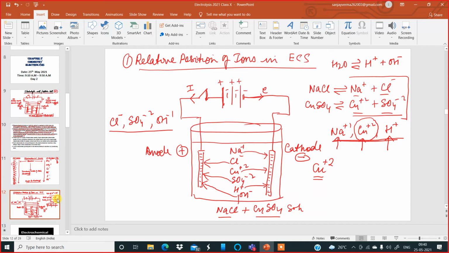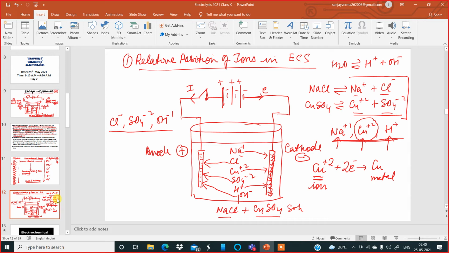Correct. So this copper ion at the cathode will gain 2 electrons. It cannot lose. Metal ions gain electrons. So the copper ion gains 2 electrons and becomes copper metal, and then it sticks to the cathode.